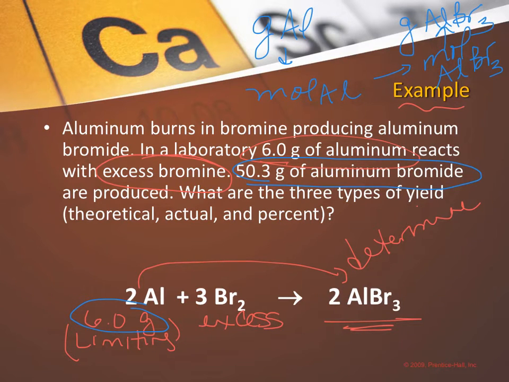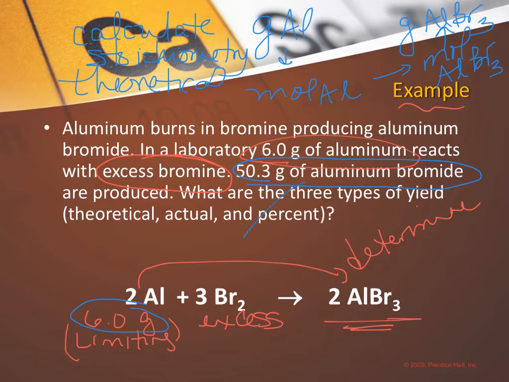3-step calculation. What I'm getting ready to say is extremely important, so listen carefully and jot it down. The amount of product that you calculate using stoichiometry is the theoretical yield. Okay? That's the theoretical yield, the amount that you calculate.